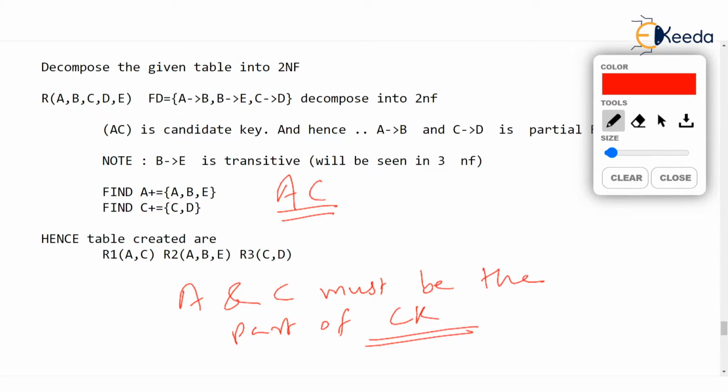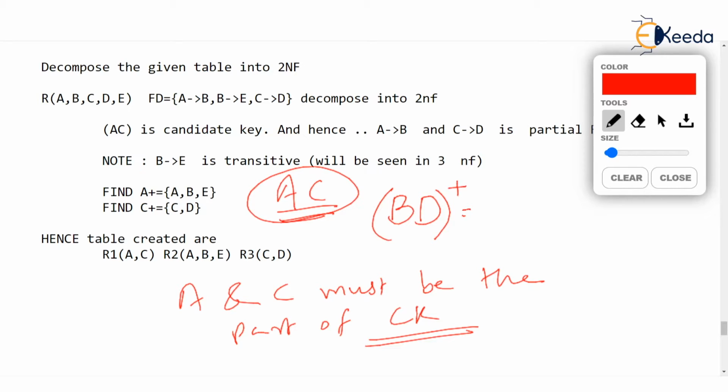So somebody will rubbishly, I hate this word, but rubbishly find out, is BD a candidate key? Now this is just a waste of time. Come on. BD cannot be a candidate key because A and C have to be present in the candidate key. Just for fun, find out BD closure. It is a waste of time. This will contain B and D, definitely.